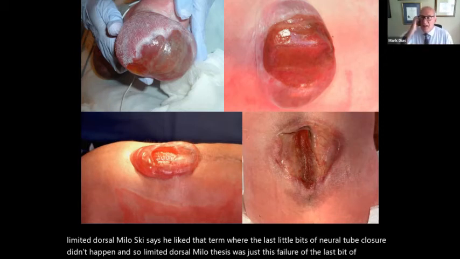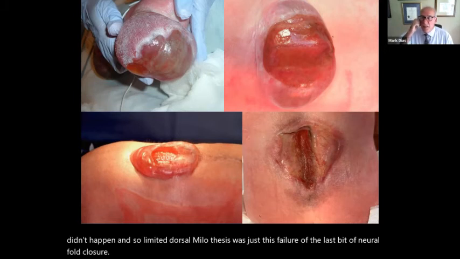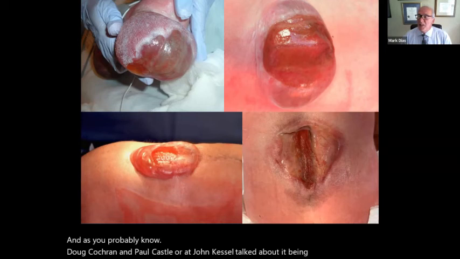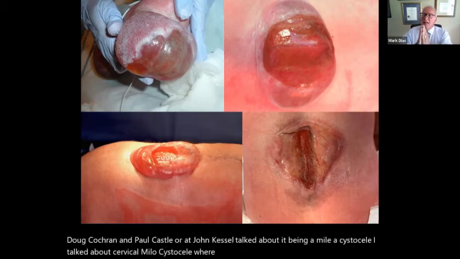And as you probably know, Doug Cochran and Paul Kessel, or John Kessel, talked about it being a myelocystocele. I talked about cervical myelocystocele, where the central canal comes up and balloons out into this dome.